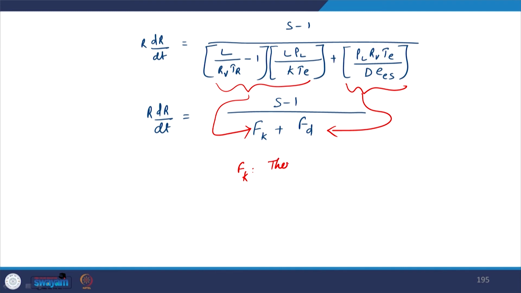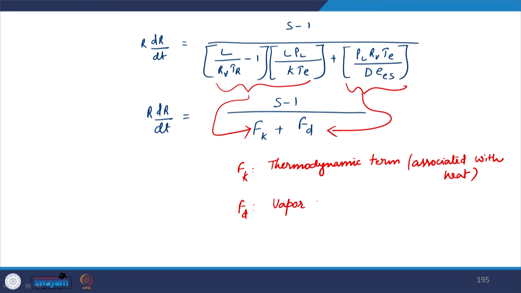Fk is the thermodynamic term associated with heat, of course, and Fd is the vapor diffusion term. So, this term is associated with the diffusion and this term is associated with the thermal term, right.